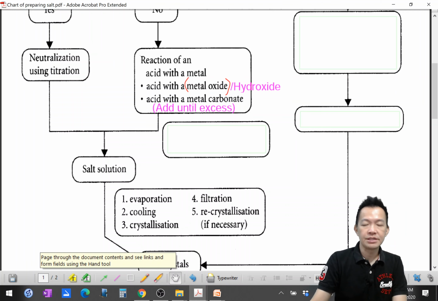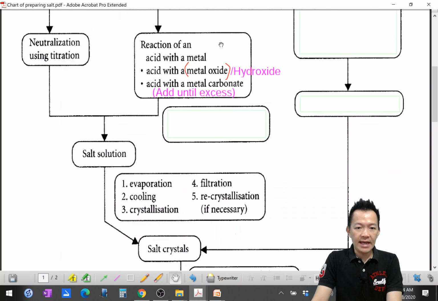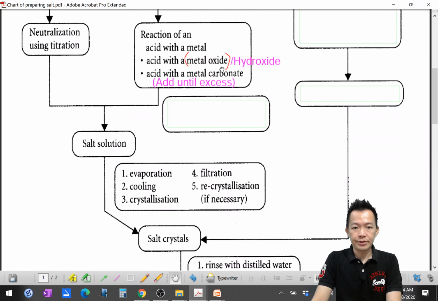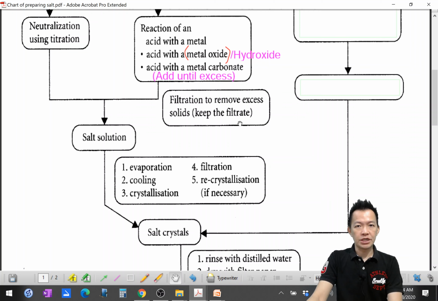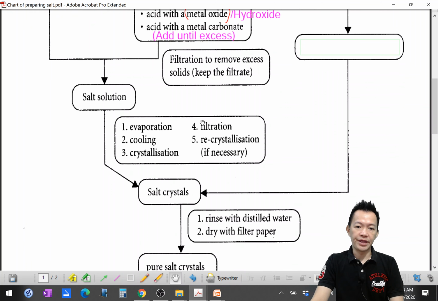So after you add until excess, you're going to get your salt solution together with the excess metallic powder 还是什么 powder 对不对。So filtration to remove the excess solid 啦，把这些刚才你加太多的固体呢过滤出来 and keep the filtrate. 然后收集那个盐水了，那个盐水收着。So you get the salt solution and you continue the same process of making the salt.